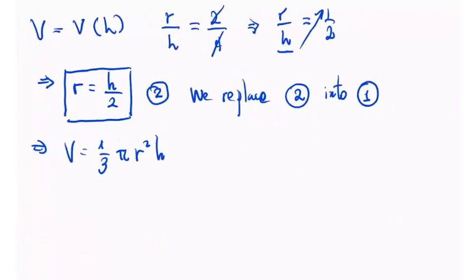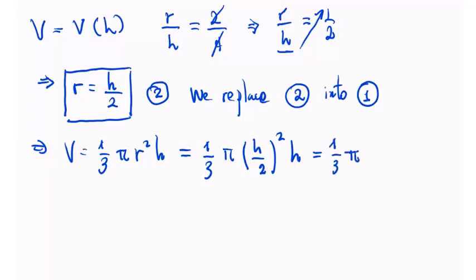So we get 1/3 of pi times (h over 2) squared times h, which is equal to 1/3 of pi h squared over 4 times h.